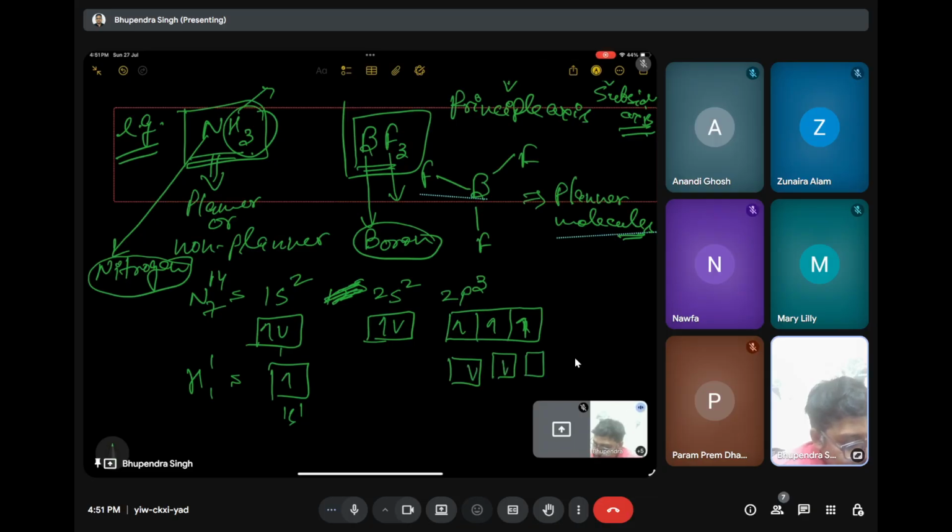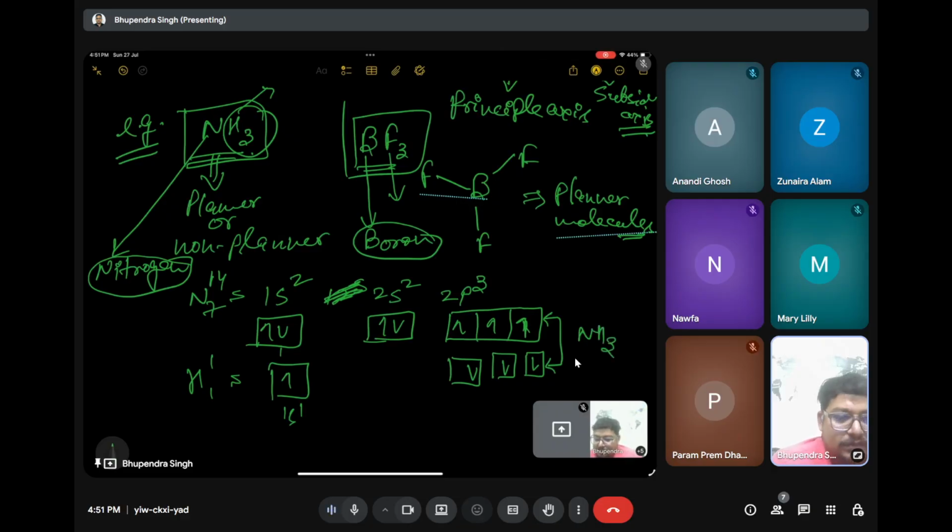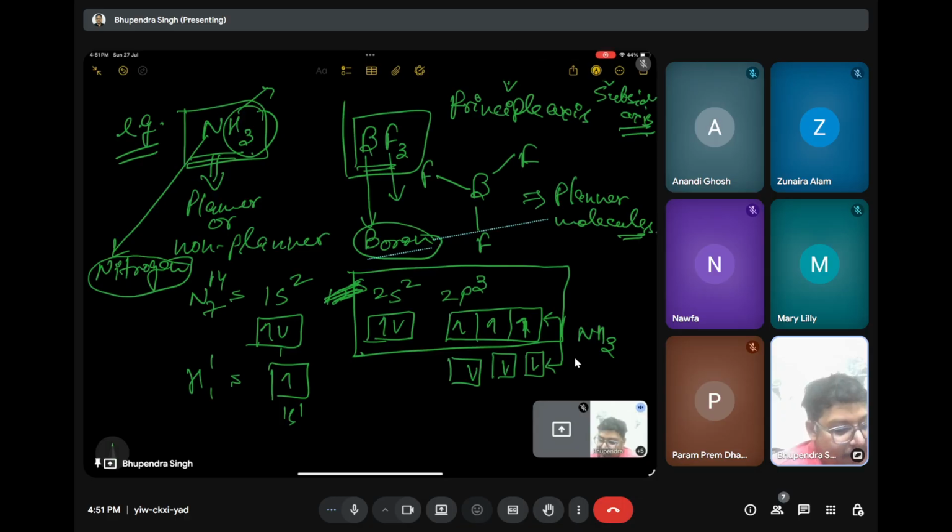They will bond to give you NH3. In the valence shell of this nitrogen, 2s2 and 2p3 are present. The 2p3 electrons make bonds with the 1s1 of the 3 H atoms.